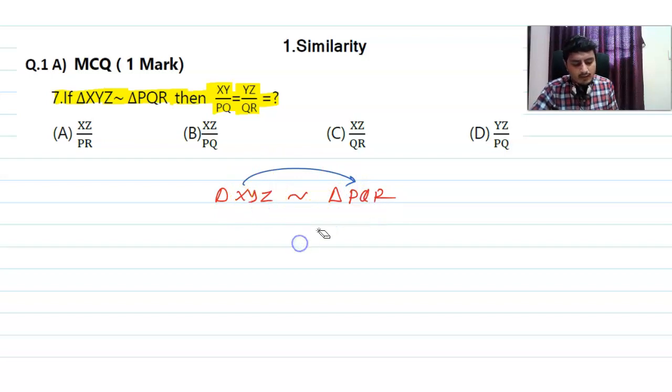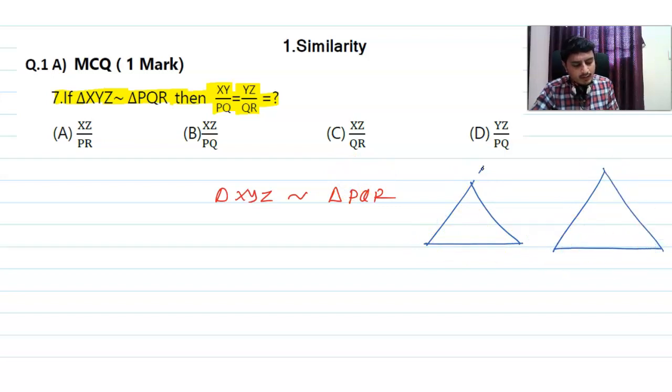You may draw the figure for the given triangles. Suppose we have triangle XYZ and the other triangle PQR. X corresponds to P, Y to Q, and Z to R. Once the triangles are similar, their corresponding sides are in equal proportion.